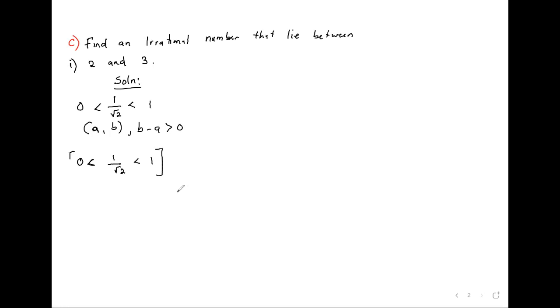Then we multiply this whole thing by B minus A. 0 times B minus A gives us 0. 1 over root 2 times B minus A gives B minus A over root 2. 1 times B minus A gives us B minus A.